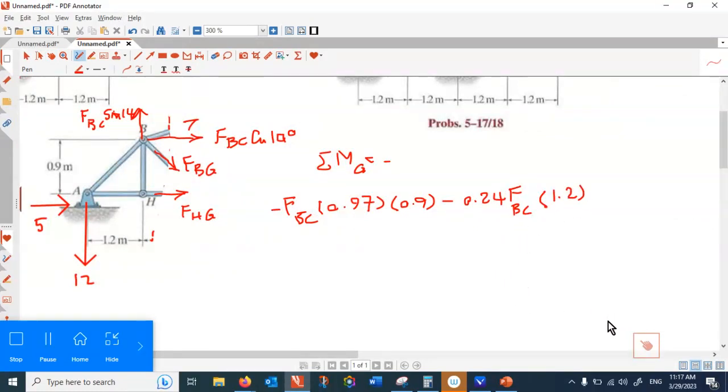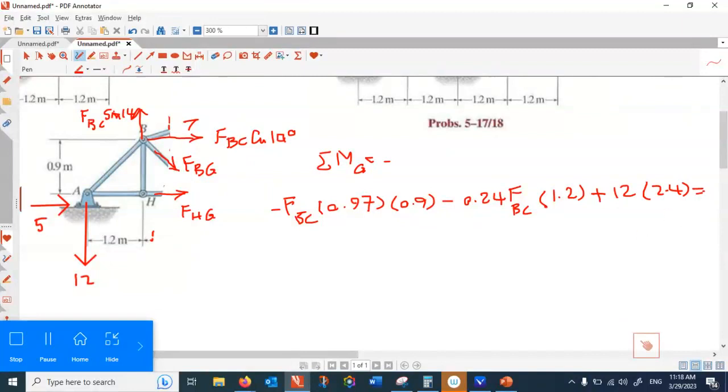And 5 is passing through point G, so 5 won't make any rotation, and 12 is making a positive rotation. So this is plus 12, and the arm of rotation is 1.2, 1.2, right? That's 2.4.